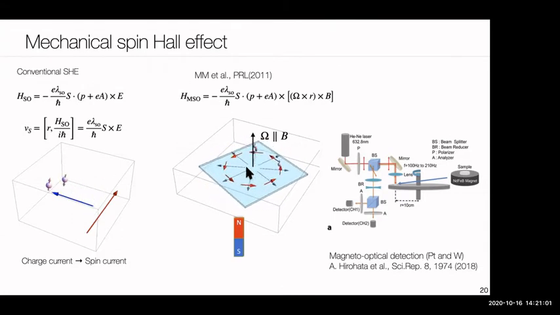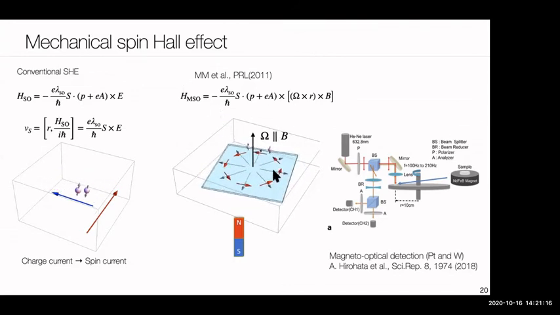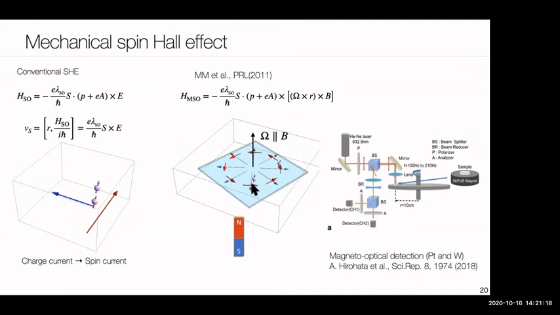In this situation, a radial charge current can flow, and due to this mechanical spin orbit coupling, the radial charge current is converted into a circular motion of the spin current. This is the new type of spin Hall effect.